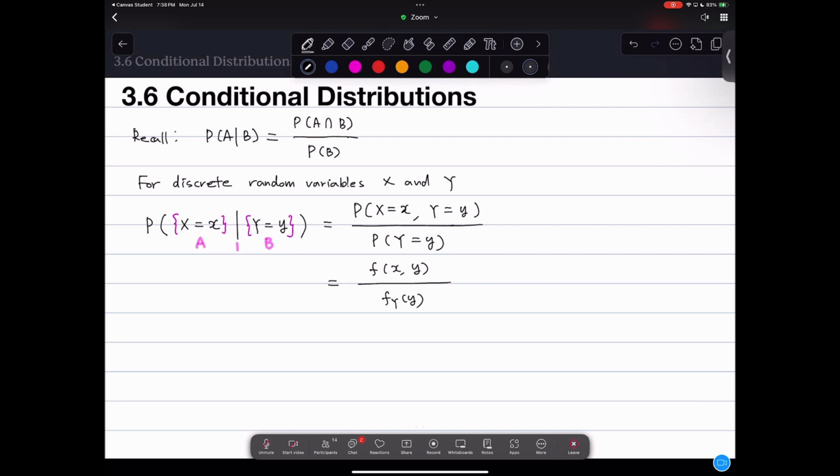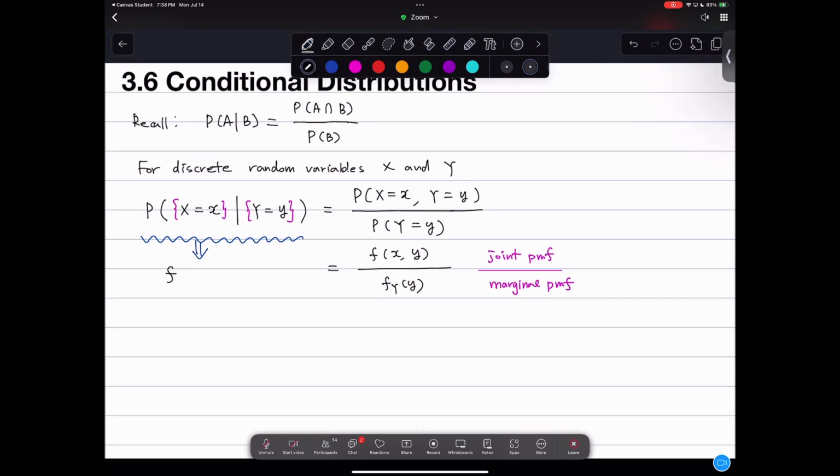So the conditional, according to this, is the joint PMF over the marginal PMF. That should be your conditional. We are going to be using a notation: the probability that you get x given y, we write as a function f.